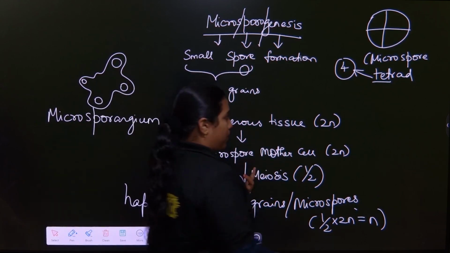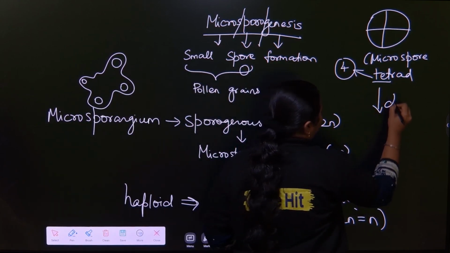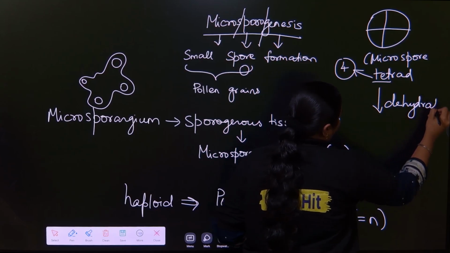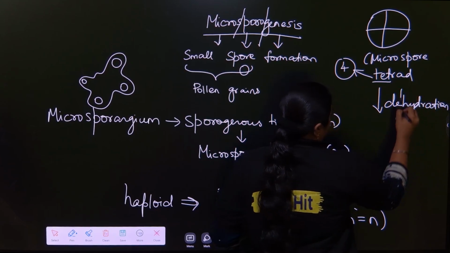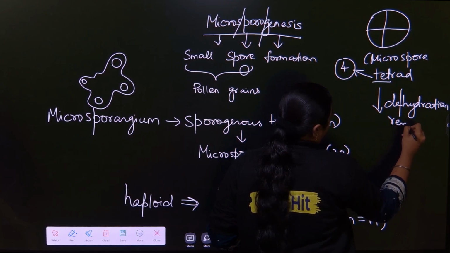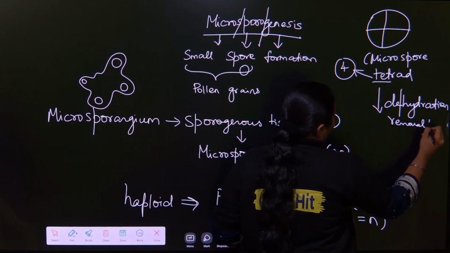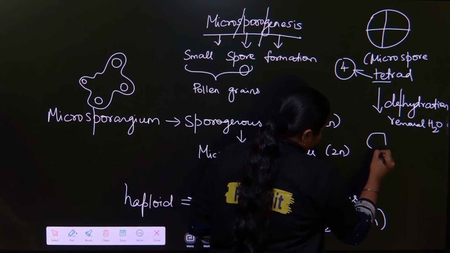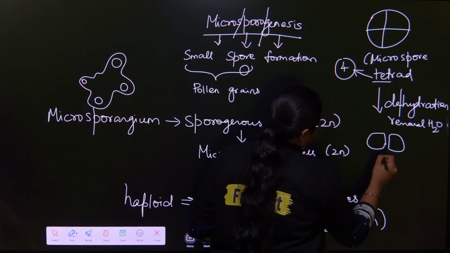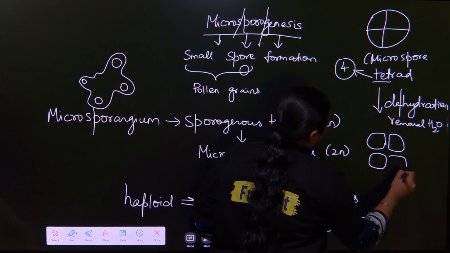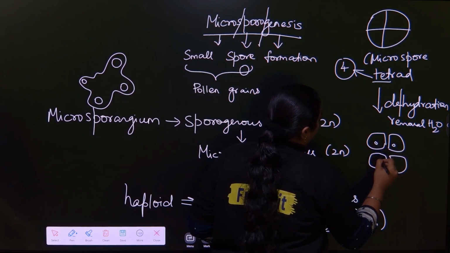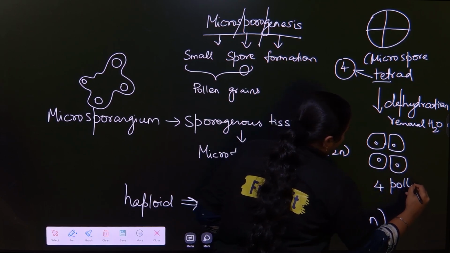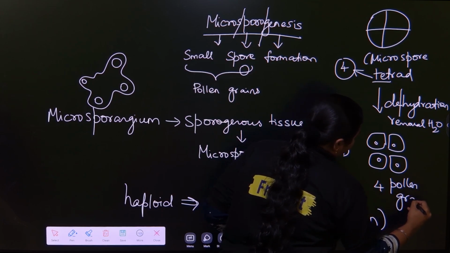Then what happens? By the process of dehydration. De means removal. Removal of what? Water. Dehydration, removal of water. These four best friends begin to move apart, and thus four pollen grains are formed.